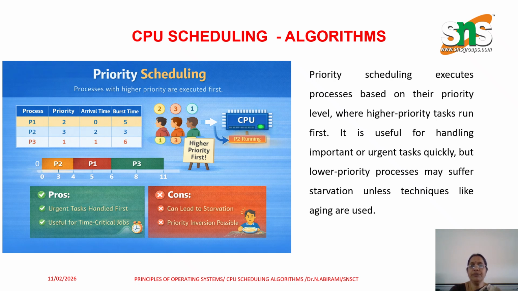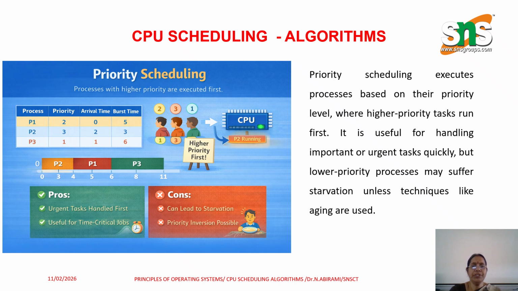It is very useful for handling important or urgent tasks quickly. But remember, a low priority process may suffer starvation unless techniques like aging are used. Because the longer the processes wait in the queue, the more they go into starvation without even getting the CPU for their completion.